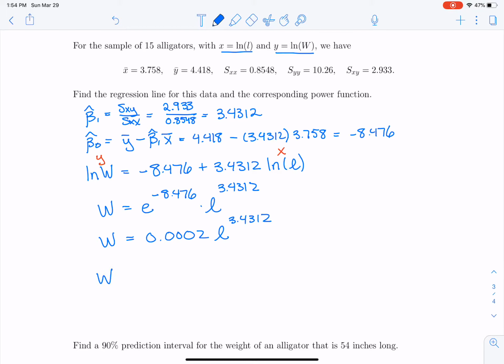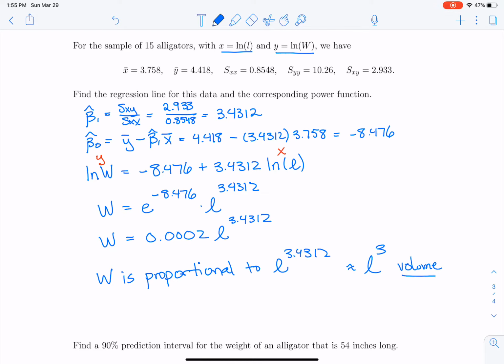That says that weight is proportional to L to the 3.4312 power. I want you to notice that it's kind of close to L cubed, right? And length cubed should be something like volume.